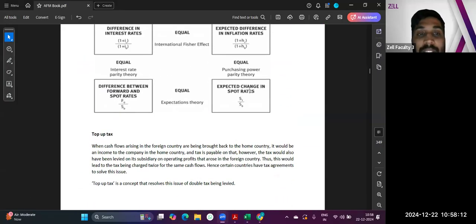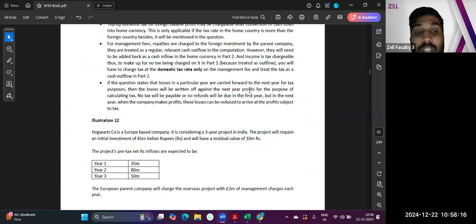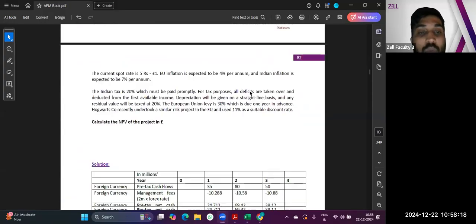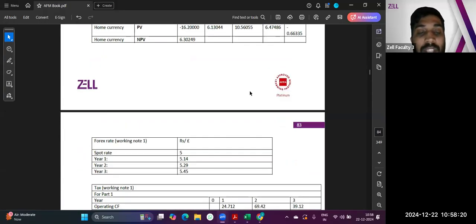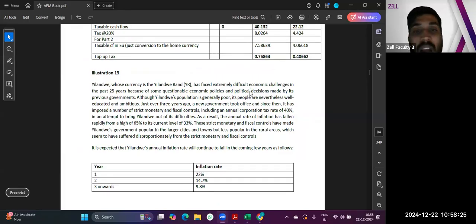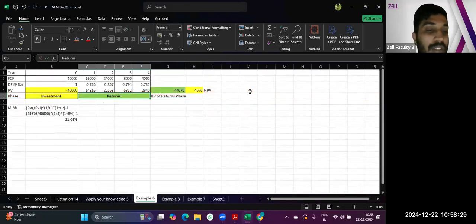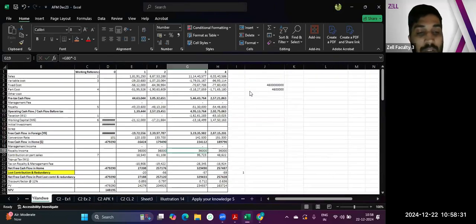Okay. Top up tax, I have already explained it to you. Tax effects, I have already explained it to you. Now let's do one thing. Let's solve this question and understand how we can do this. I'll tell you which example to be done.